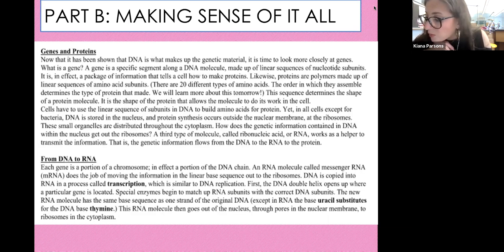The protein molecule shape is determined by the RNA sequence that provides instructions to the ribosome to build the protein. The order in which the amino acids assemble determines the type of protein that is made, and subsequently, its shape. So those are questions 1 and 2 under genes and proteins.